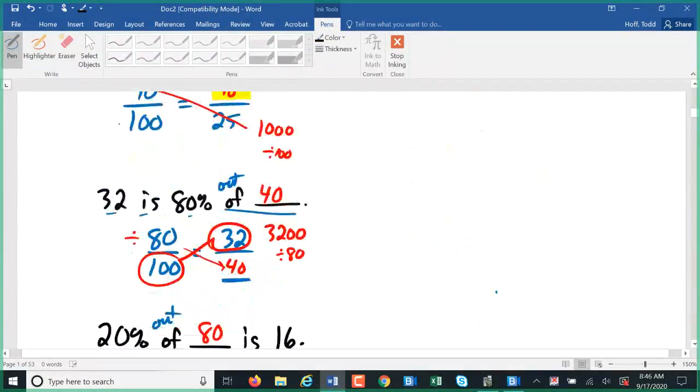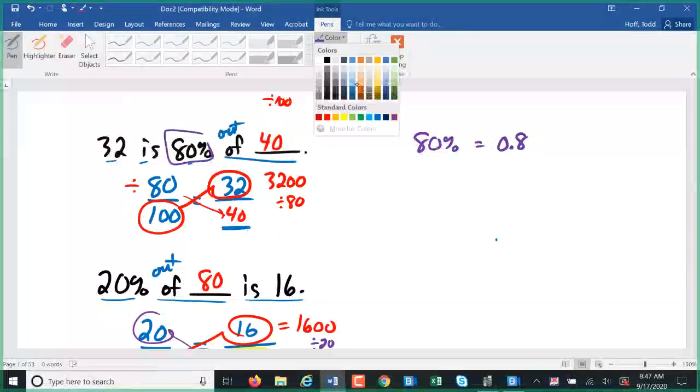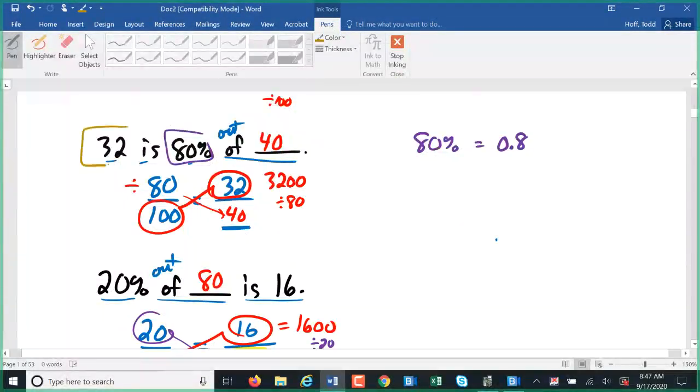But if we look at this next one here, we still have our percent, which is 80%. So we'll convert that into a rate, 0.8. However, what we're given here is not the base. That is the portion.